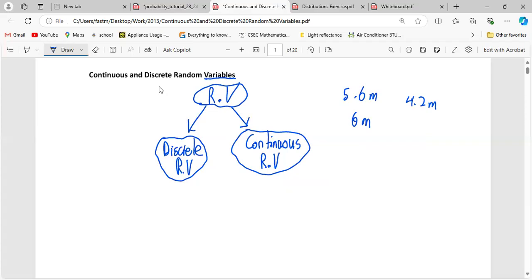Alright, so anytime you're doing these things, what I like to do is just ask yourself the question. If somebody was to ask me how tall I was, obviously I could tell them anything. It doesn't have anything that I cannot see. Say 10.3, 3.2, all those things, continuous. So that will be a continuous random variable.